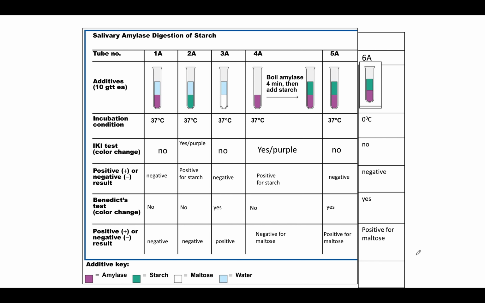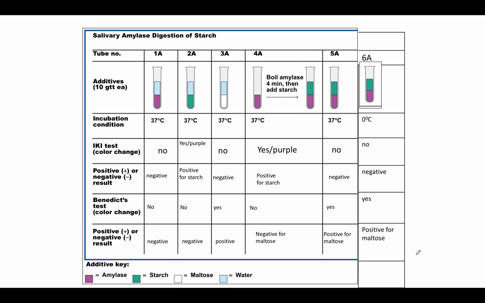But I want you to know what's happening, and I will quiz you on that on May 18th, next Monday. So I want you to understand exactly what's happening with the experiment and how we detect the presence of maltose and the presence of starch. We detected the presence of maltose by Benedict solution and the presence of starch by Lugol's solution.